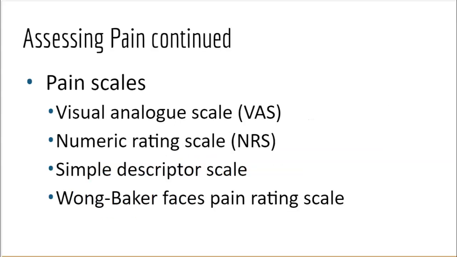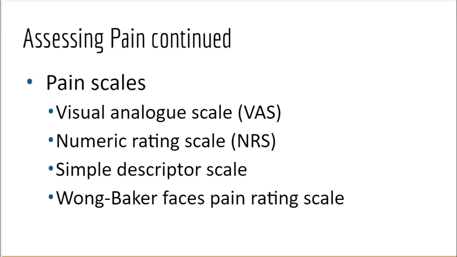So as part of your pain assessment, you're going to use various forms of pain scales. Here we have 4 different kinds: visual analog scale, numeric rating scale, which is the most common for an alert and oriented adult, simple descriptor scale, and then Wong-Baker Faces pain rating scale.